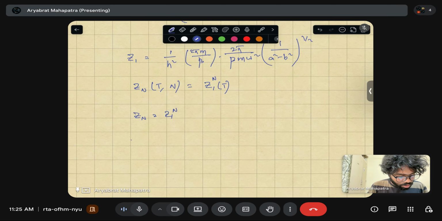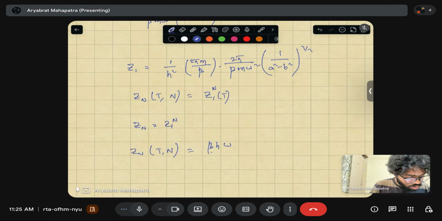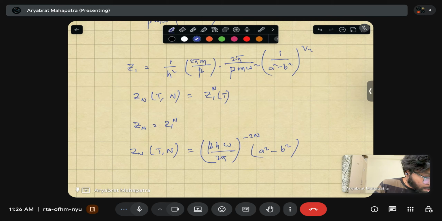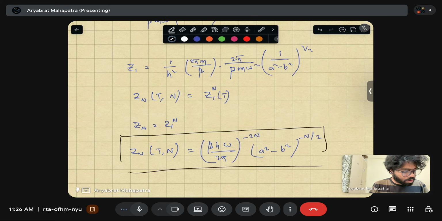So then finally you have Zn would be beta h omega over 2 pi to the power minus 2n and a square minus b square to the power minus n over 2. So yeah, this will be your final form of your total partition function.